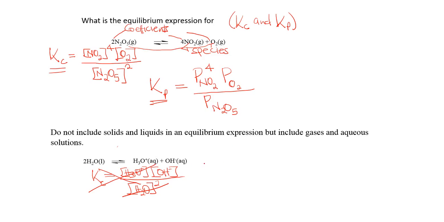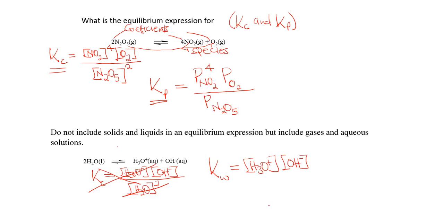The correct way is K, actually we call it Kw, as you will see later, is given by H3O plus and OH minus. So we just use the aqueous.